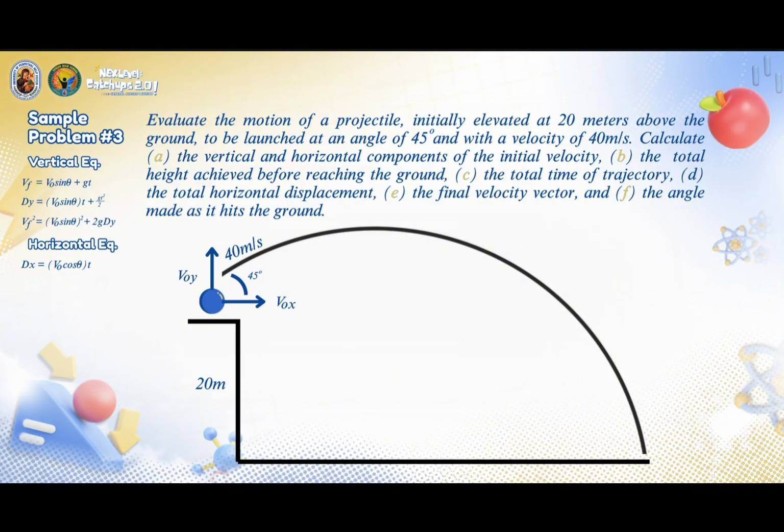Calculate A, the vertical and horizontal components of the initial velocity, B, the total height achieved before reaching the ground, C, the total time of trajectory, D, the total horizontal displacement, E, the final velocity vector, and F, the angle made as it hits the ground.